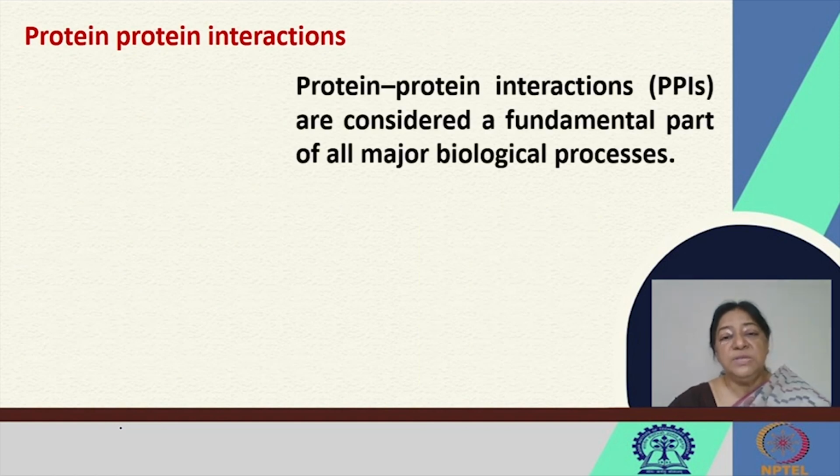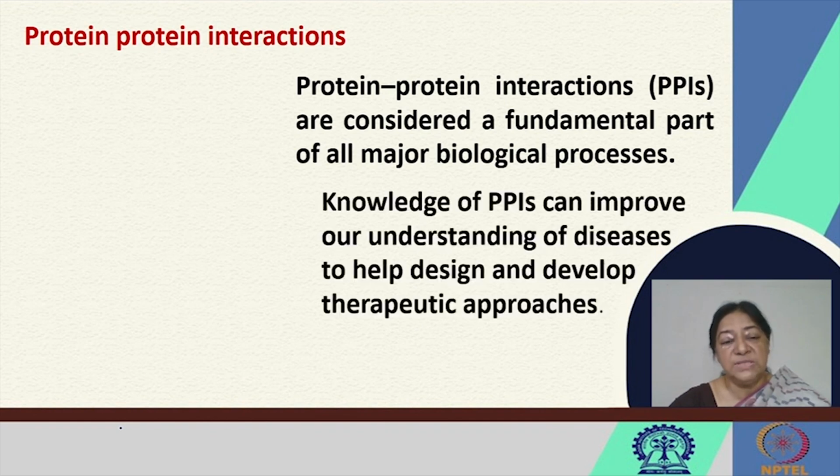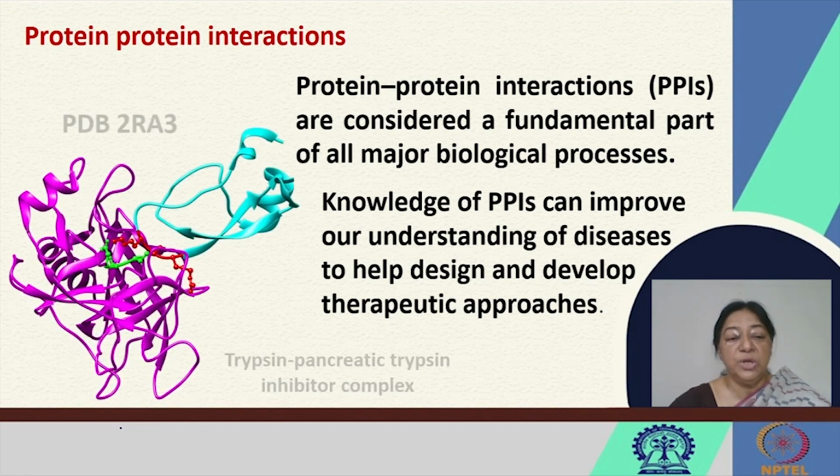In protein-protein interactions, therefore, we understood their fundamental part in all major biological processes. Then the knowledge of how an understanding of their interactions can help design specific therapeutic approaches.